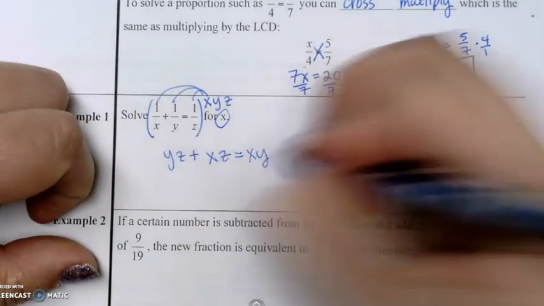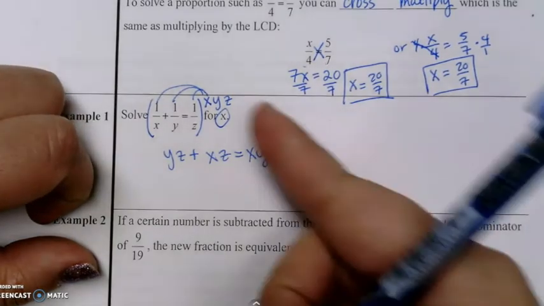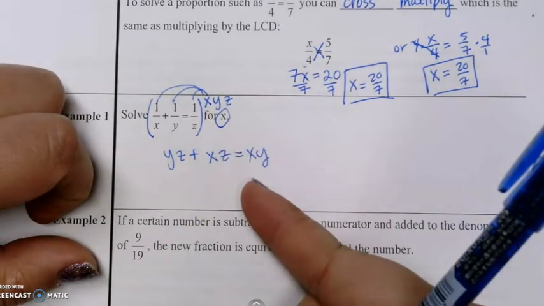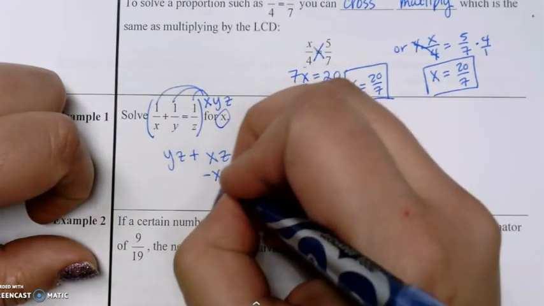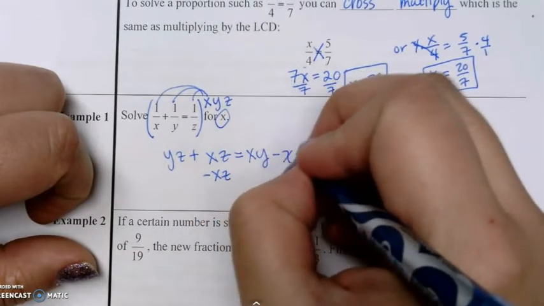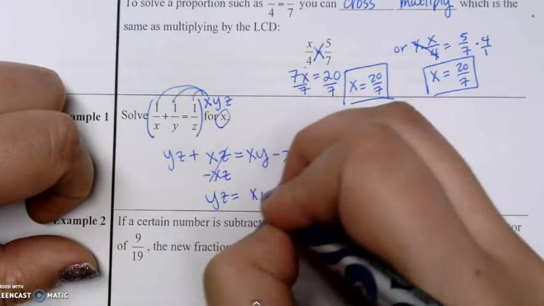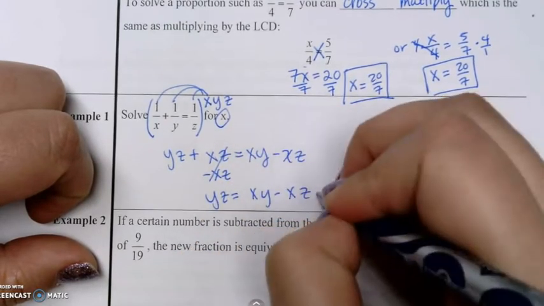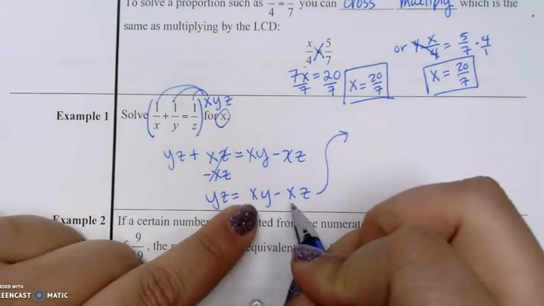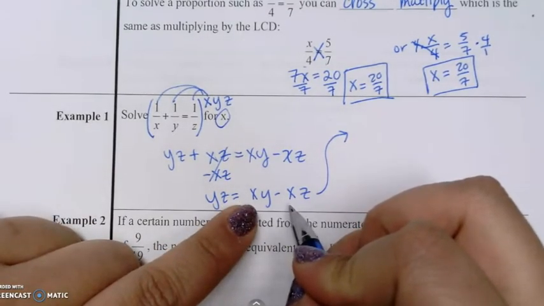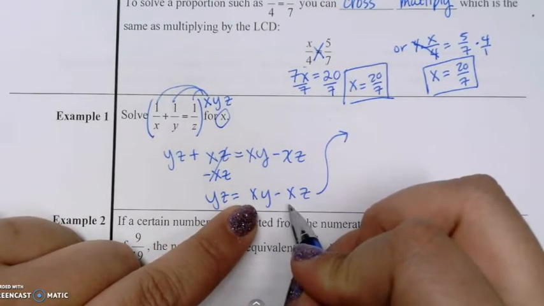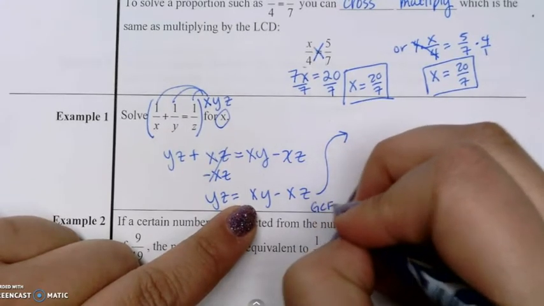We want to solve for x, so we need the x's to be on the same side of the equation. So we can subtract xz. We get yz equals xy minus xz. Now we have x in two different terms and we want only one x. So the way we can do that is we can factor out that x as our GCF. Our GCF is x.